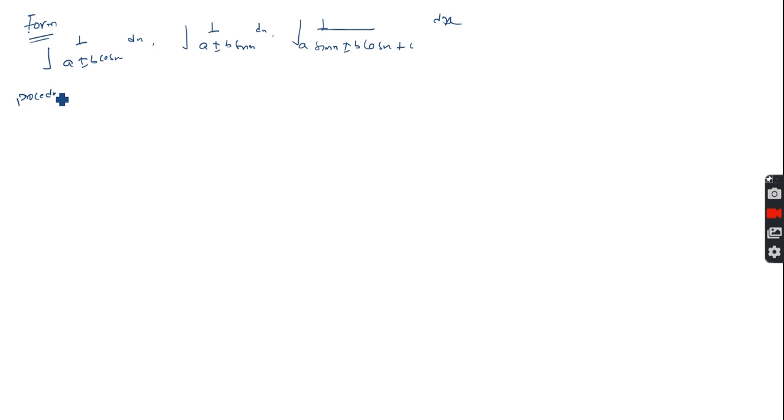The main procedure is that we assume t is equal to tan x by 2.